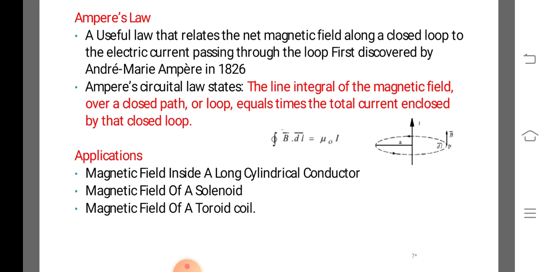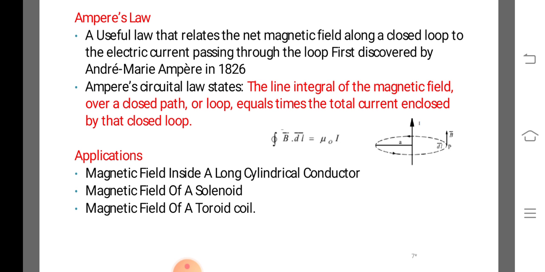So finally dH equal to integration from A to B of I rho dz a_phi by 4 pi R cube. So we know that sin alpha equal to rho by R. We have to replace that sin alpha value in that equation. So R equal to rho by sin alpha.